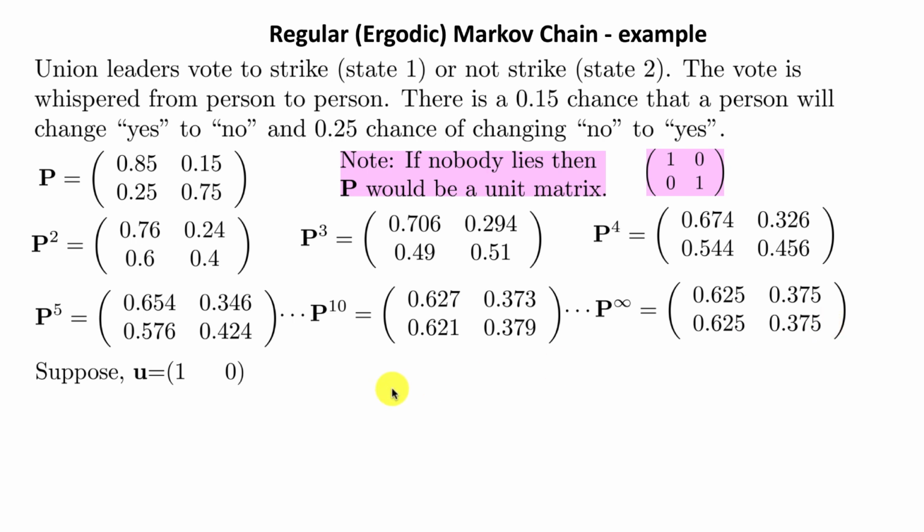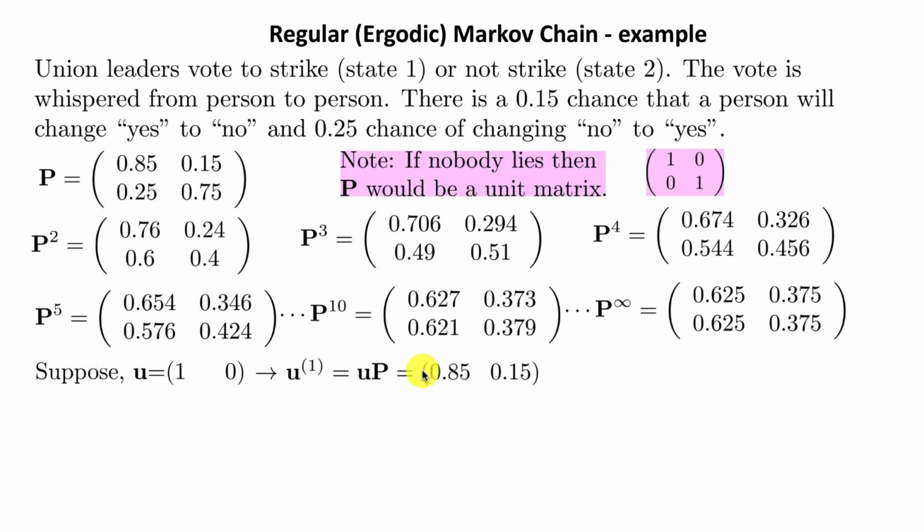Let's say that the union leaders had decided to strike, in which case this entry over here is 1 and this entry is 0. The first person who transmits this on will result in this vector becoming distorted.